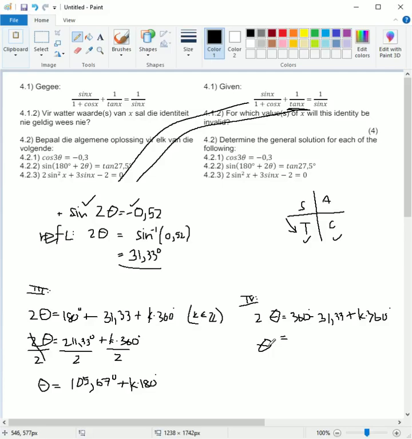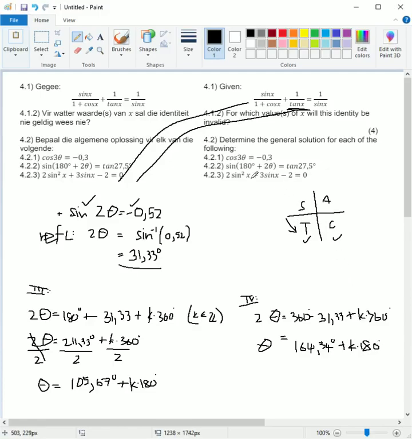So I'm going to go straight into 360 minus 31.33, and I'm going to divide this by 2 immediately. So my answer is 164.34 degrees plus k times 180.